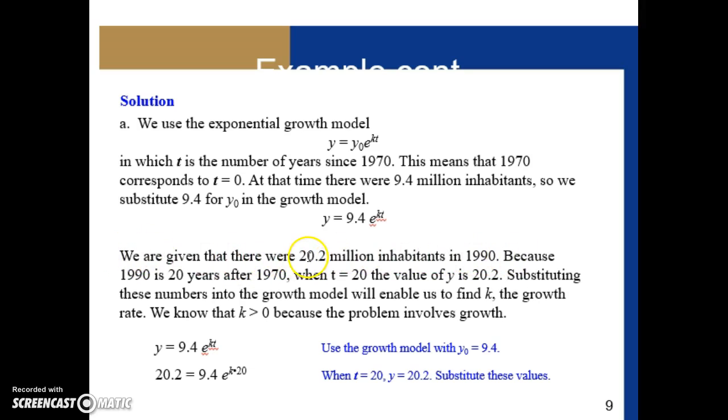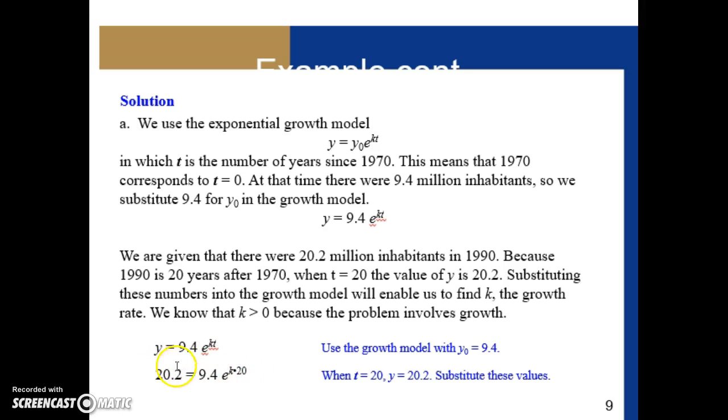So we're given that there were 20.2 million inhabitants in 1990, so we know when t equals 20, y equals 20.2. So we're going to substitute that information in here and see how brilliant that is, because that takes care of every variable in our equation.